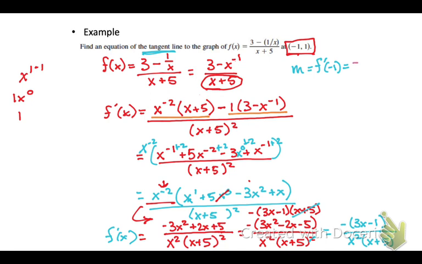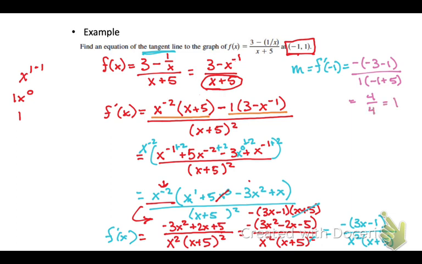It gives me negative 3 minus 1 over 1 times negative 1 plus 5. Negative 4, so that'd be positive 4 over 4, which gives me 1.